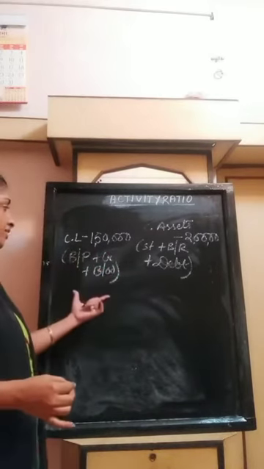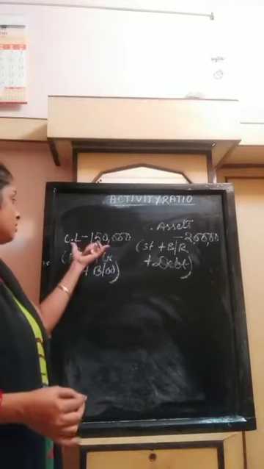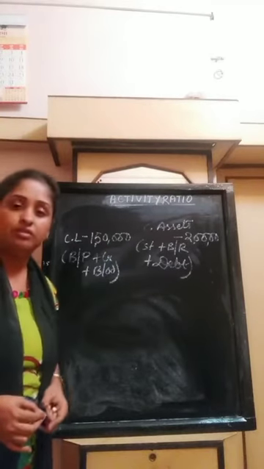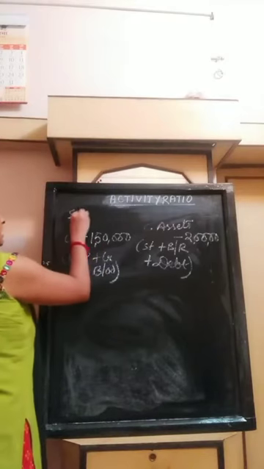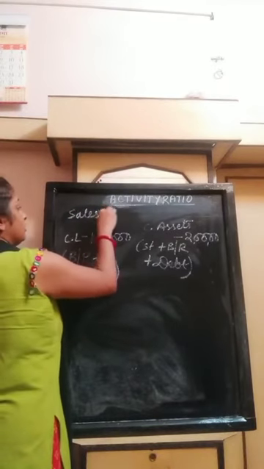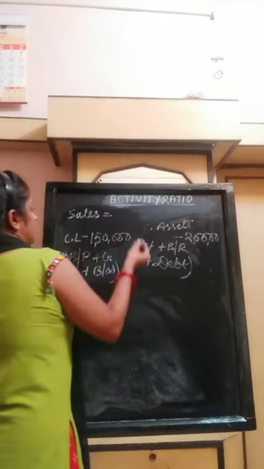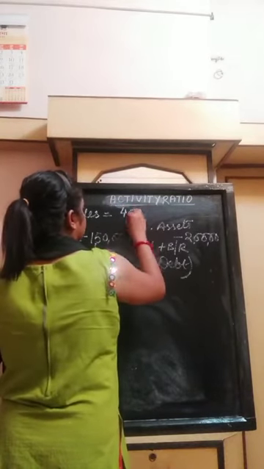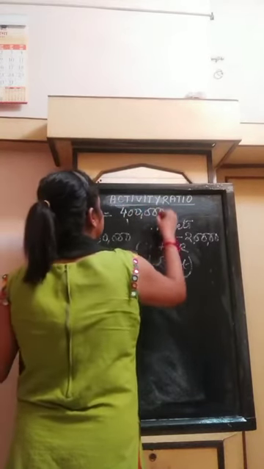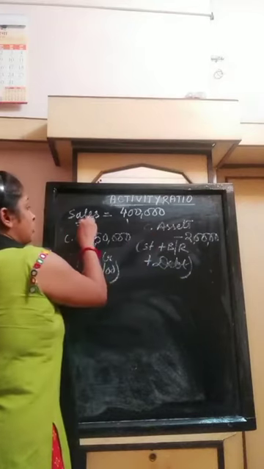This can be given individually, or separately as current liabilities. And net sales is given. Suppose sales is given to you as 4 lakh. Sales means turnover.